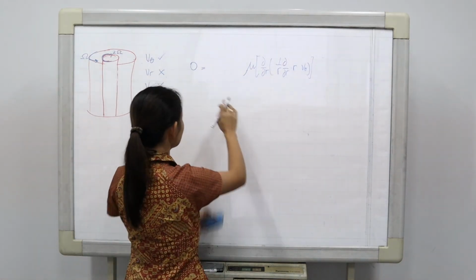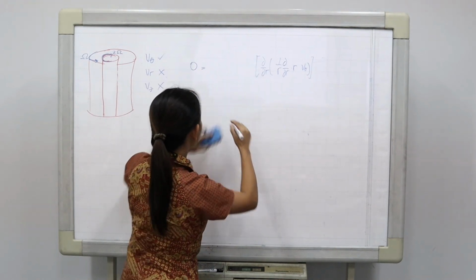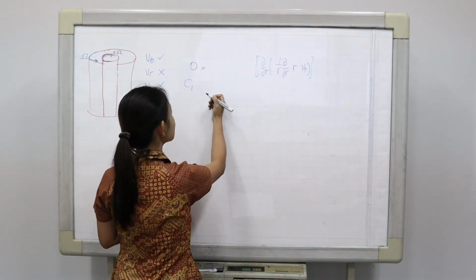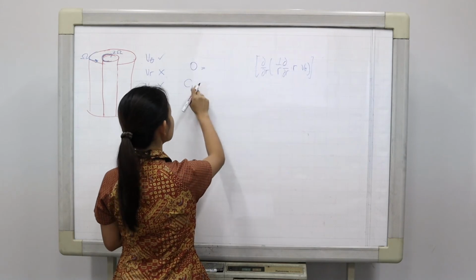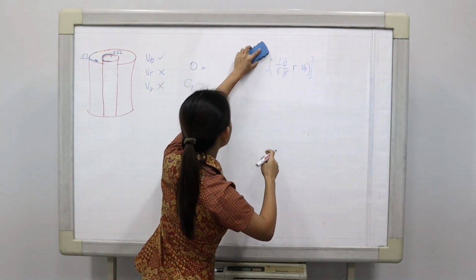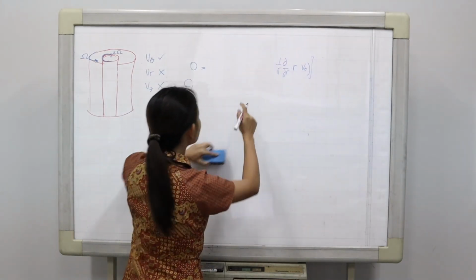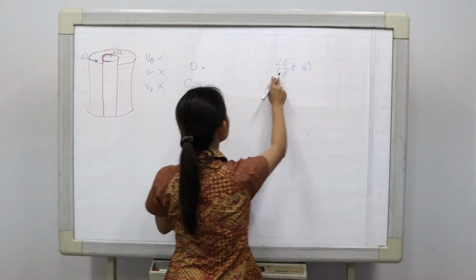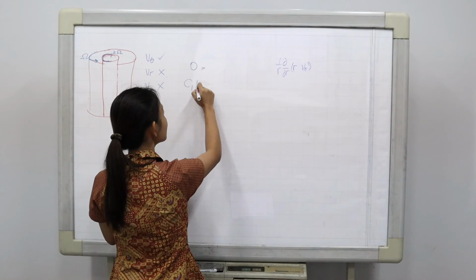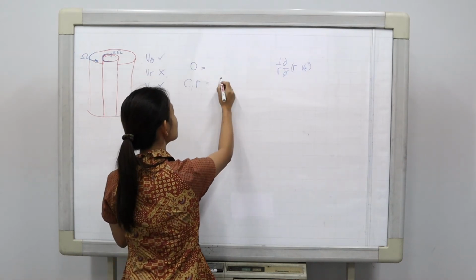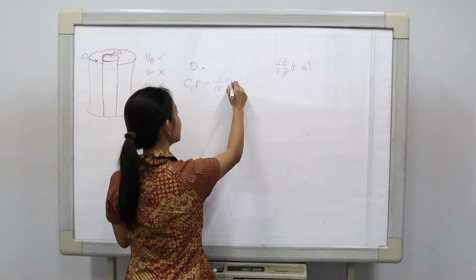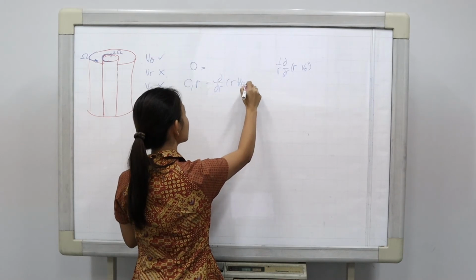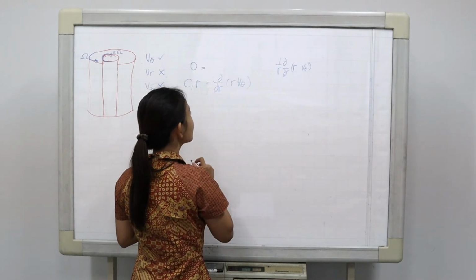Mu moves here, 0. First integration, C1. Then we multiply by r, so r times C1 equals d over dr of r v theta.